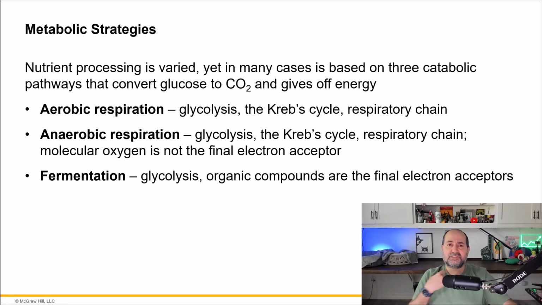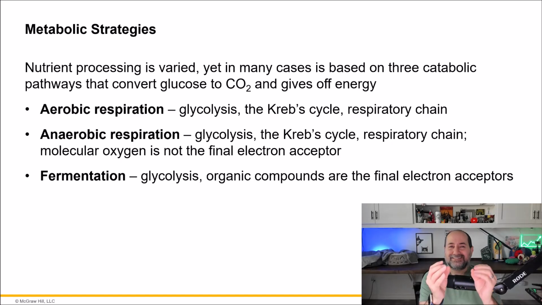Now, you should definitely know the difference between aerobic respiration, anaerobic respiration, and fermentation. And one thing you should know is that these are all separate and distinct things. Aerobic respiration and anaerobic respiration involve glycolysis, the Krebs cycle, and that respiratory chain. You know what they mean by the respiratory chain?